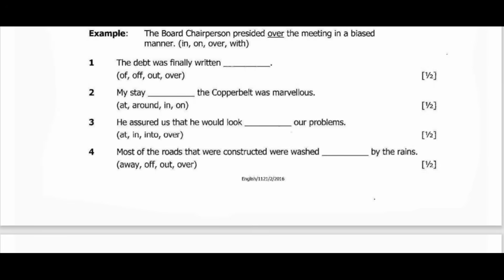The debt was finally written off. So it's written off. Then my stay on the copper belt. My stay on the copper belt was marvelous. He assured us that he would look into something, like we want to find solutions. Let's look into this matter. So it's this one.